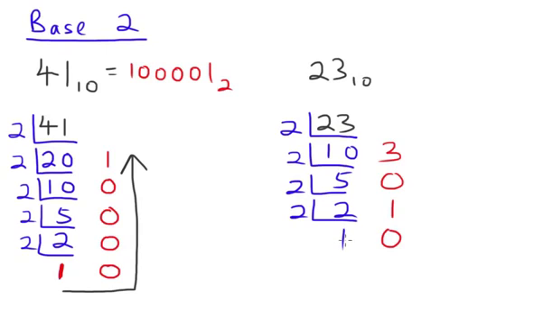So we stop here because 1 couldn't be divided by 2 anymore. The answer will be from the last quotient all the way up. So the answer will be 10103. Is this correct? What do you think?